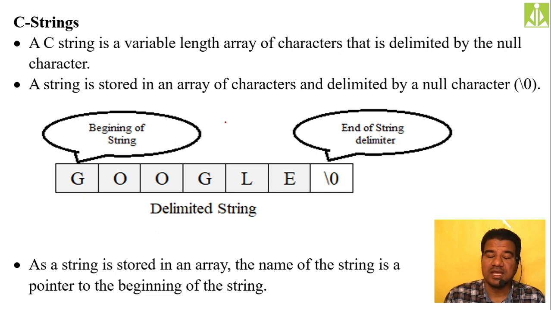As I said, in arrays also we discussed, the name of the array is the address of the first element inside your array. In that same way, because your string is also a character array, the string name is going to point to the first element.